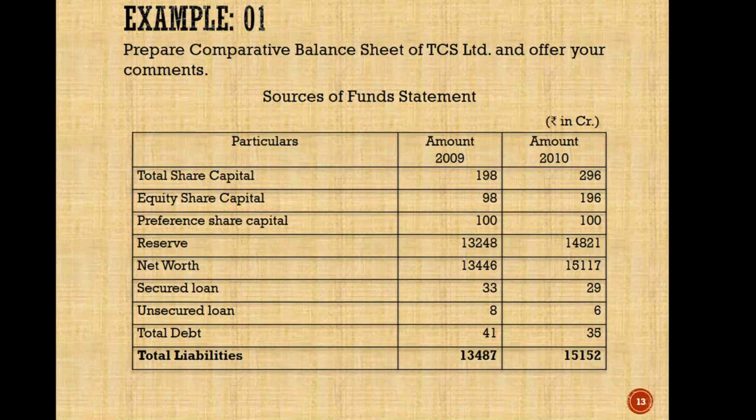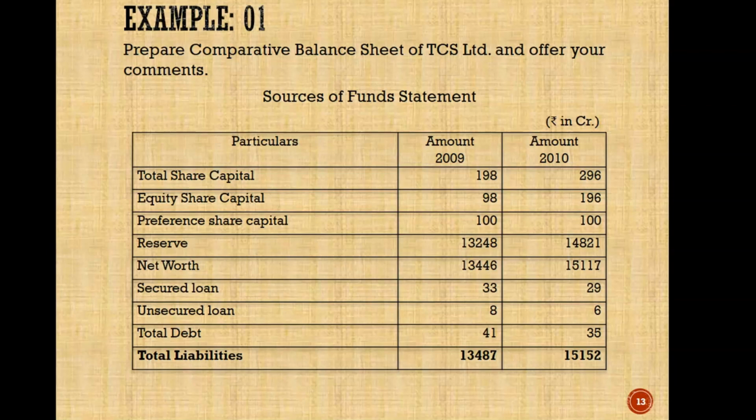Next is preference share capital. The amount remains the same in both the years 2009 and 2010. It is 100. Then reserves. Reserve, we know that it is an amount kept aside by the firm for future unforeseen expenses or for expansion, diversification, or modernization purposes.